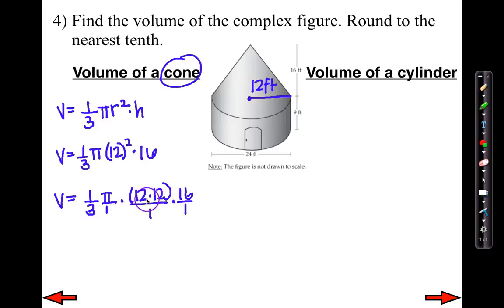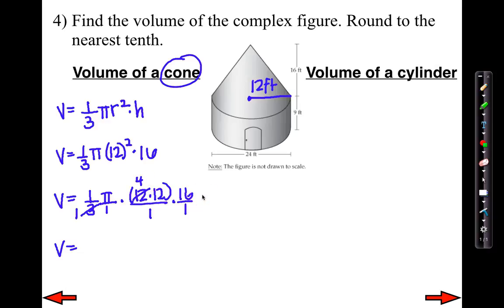Now, why did I do this? Because I want to check to see if I can cross cancel the 3 with any of my values, which I can. 3 can be reduced with 12. Both have a 3 in common, so 3 divided by 3 is 1. 12 divided by 3 is 4. So the volume is 1 times pi times 4 times 12 times 16.